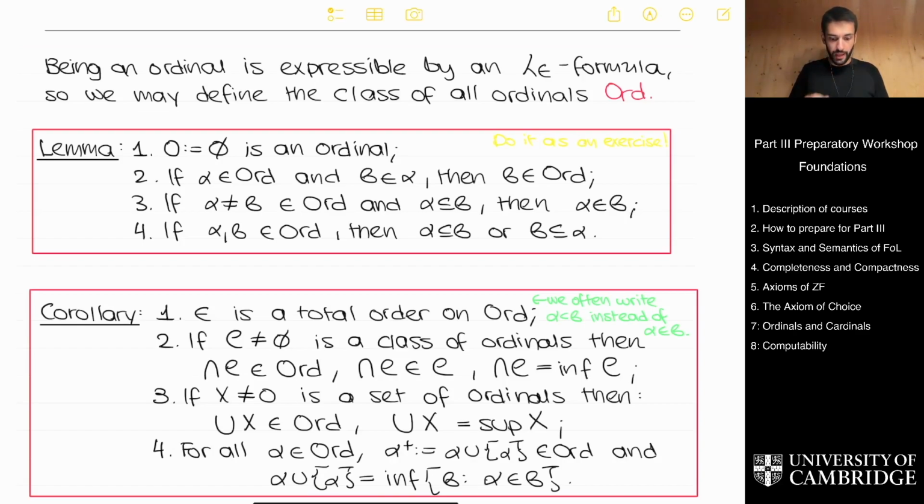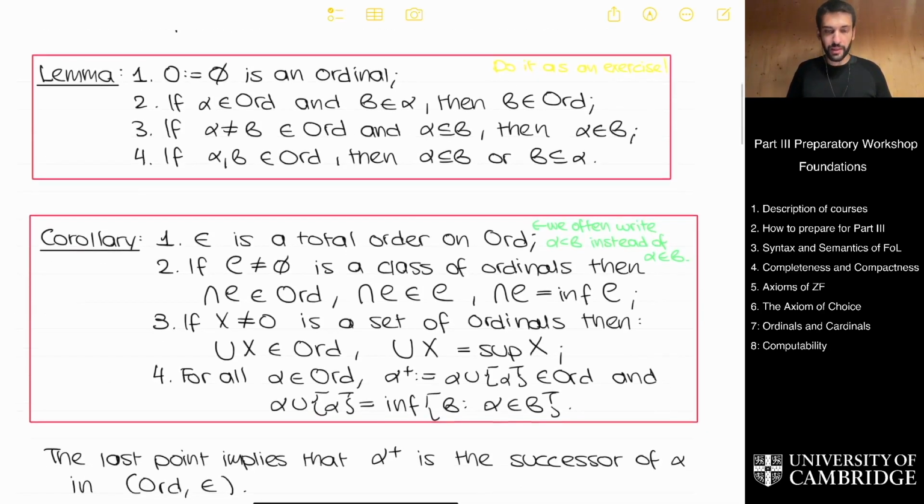Okay, so a lemma, which I would recommend doing as an exercise, is first of all that the empty set is an ordinal. Often, when we think of the empty set as an ordinal, we actually write 0 for it, and this will make sense. The second point is that if alpha is an ordinal and beta is an element of alpha, then beta is also an ordinal.